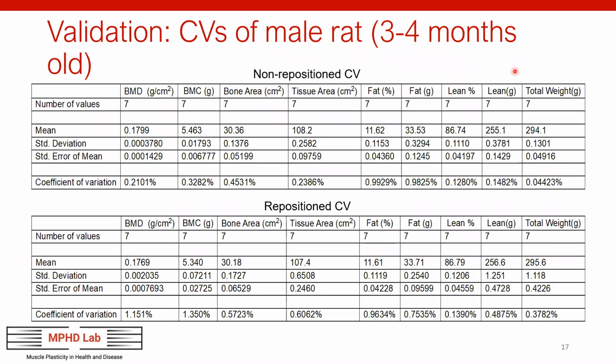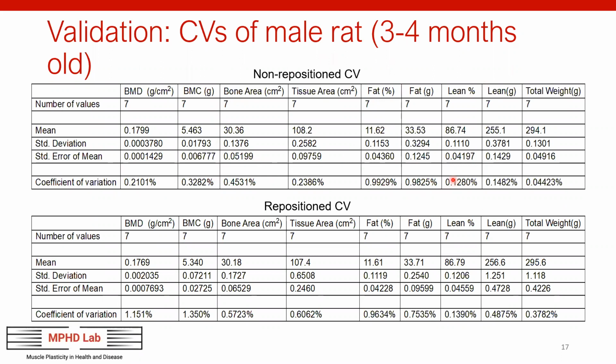And for those of you who work with rats, we actually did these validation experiments in male rats, aged 3 to 4 months in this case. So the top table is the non-repositioned CV, and you can see the numbers are really impressive, less than 1% for bone mineral density and bone mineral content, less than 1% for the lean and fat mass as well.